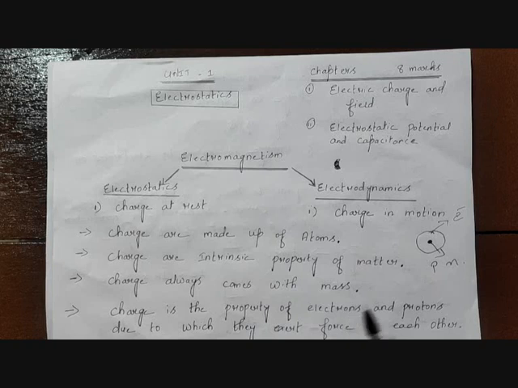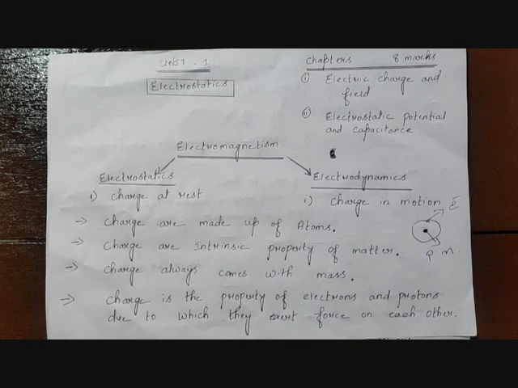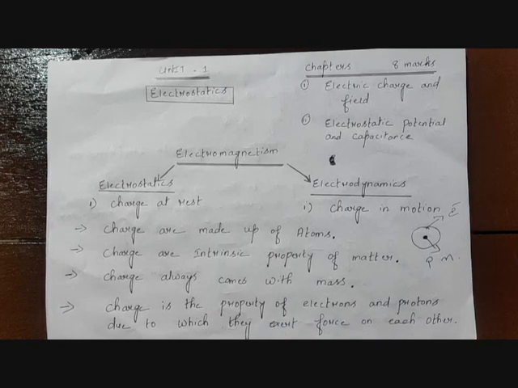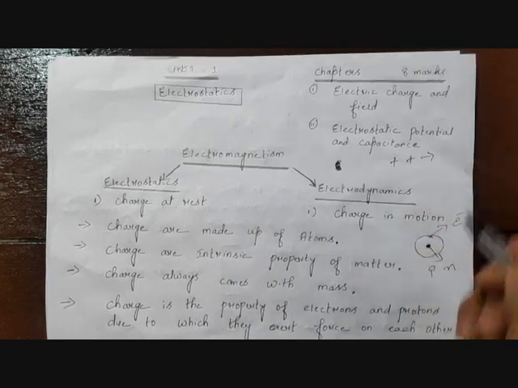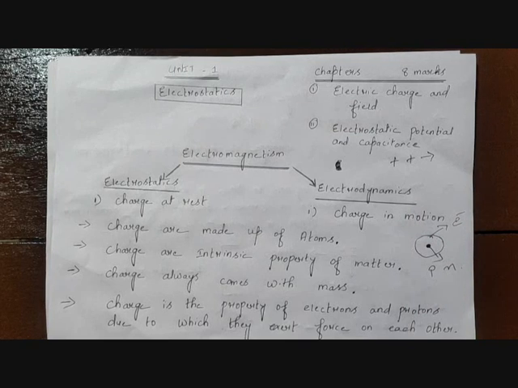Okay, now always remember, there are two types of charge. One is positive charge, one is negative charge. Negative charge we say electron, positive charge we say proton. Is it clear? Now see, remember one thing, if two similar charges come together, suppose plus plus, what will they do? They will repel.